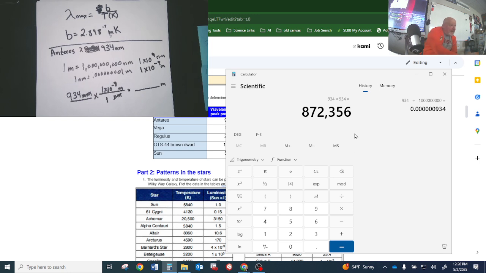All right? So 934, times 1. I don't have to say times 10. No, that doesn't work. The power of 10 is an exponent. So you would say 1 times exponent, EXP, and it's a negative. So you see a little plus and minus. Don't hit the minus sign over here.